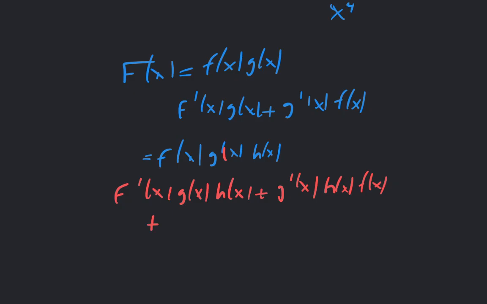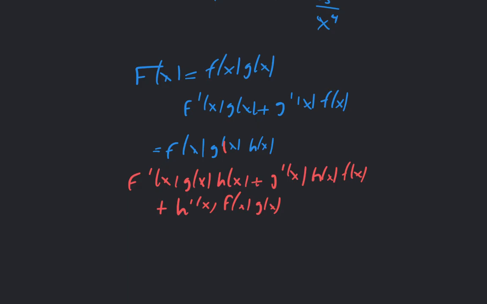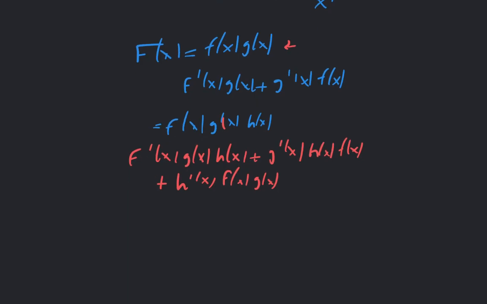And then the derivative of h of x. But most of the time it's just going to be the 2 products. Sometimes it'll be 3 products. But what you do is you take the derivative of one and multiply it by the others, and so on for each term. Each term would get a derivative.